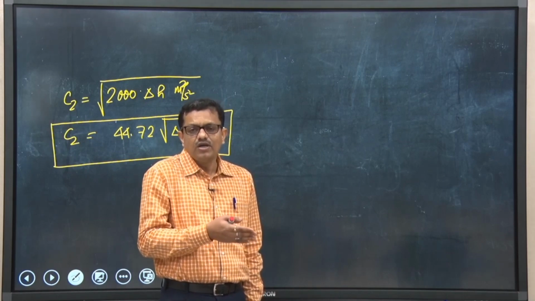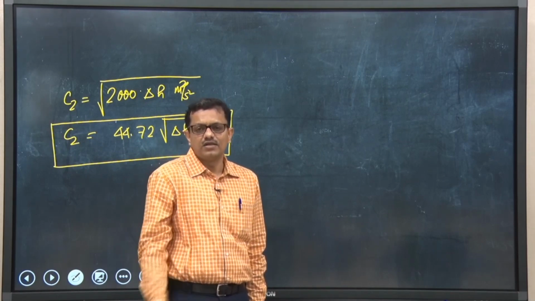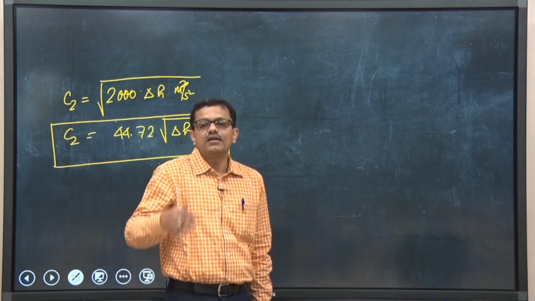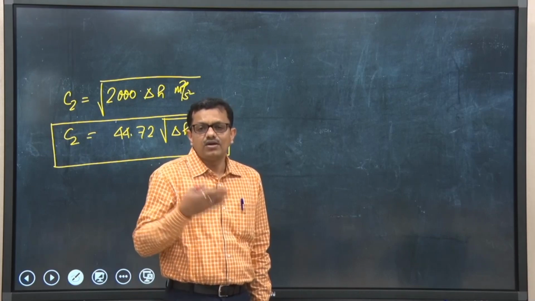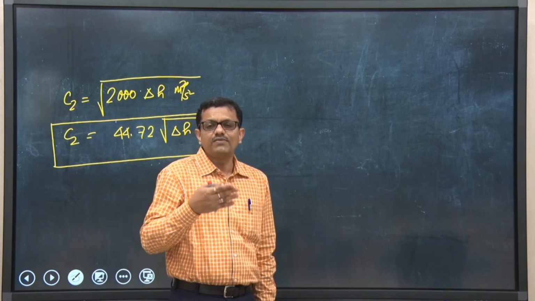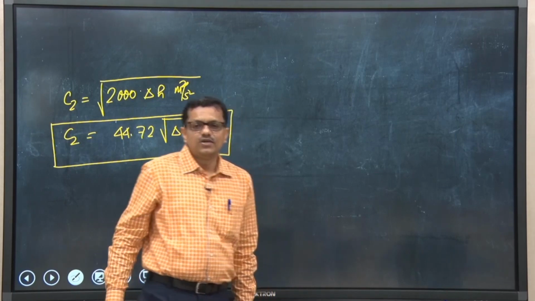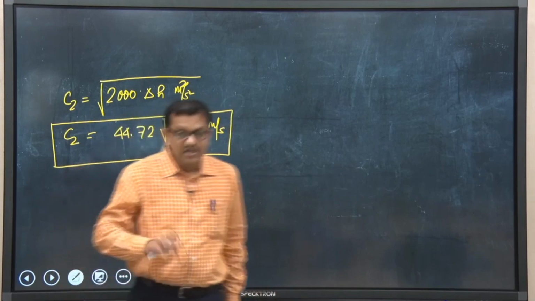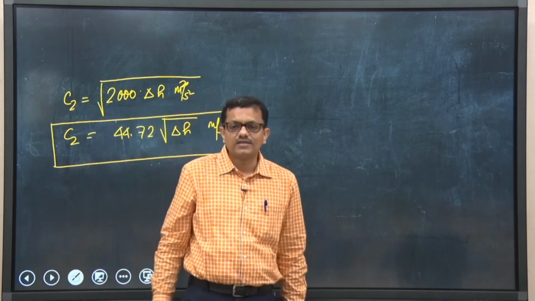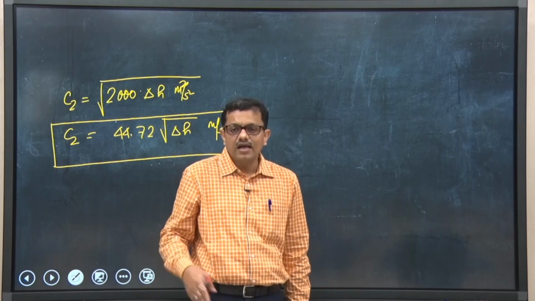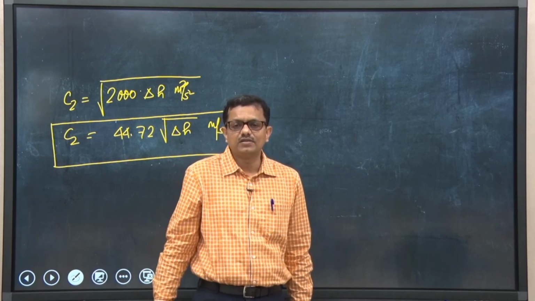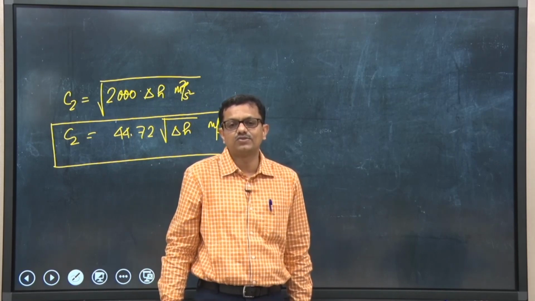But as I told you, frictional effect we can try to minimize, but we cannot ignore. So, considering the frictional effect, it will not be practical to model the flow by an isentropic process, and hence the enthalpy at the exit of this nozzle should not be H2, rather it should be H2 prime.